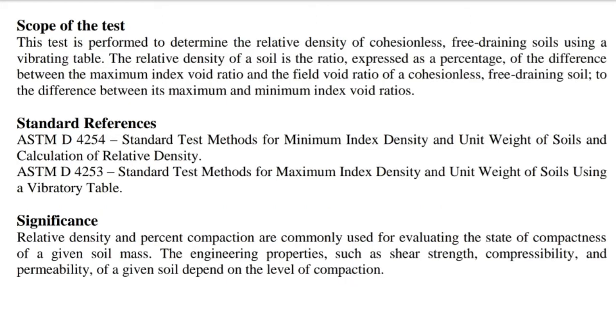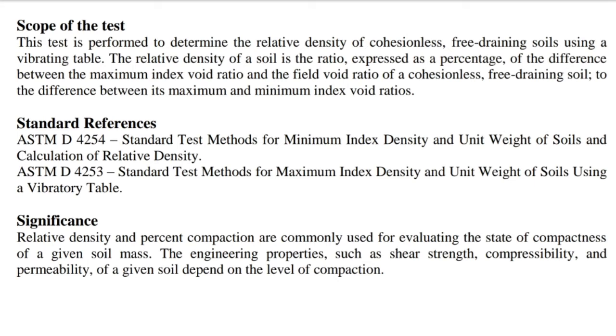Scope of the test. This test is performed to determine the relative density of cohesionless, free-draining soil using a vibrating table. The relative density of a soil is the ratio, expressed as a percentage, of the difference between the maximum index void ratio and the field void ratio of the cohesionless, free-draining soil to the difference between its maximum and minimum index void ratios.